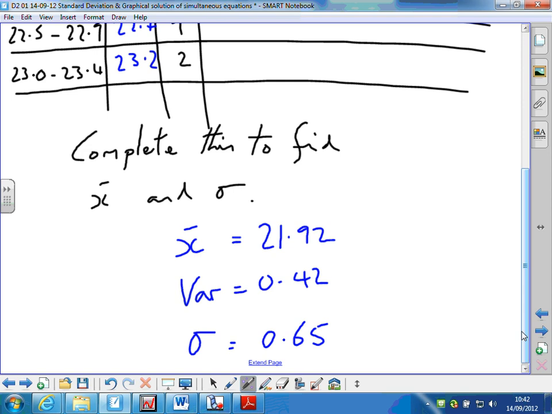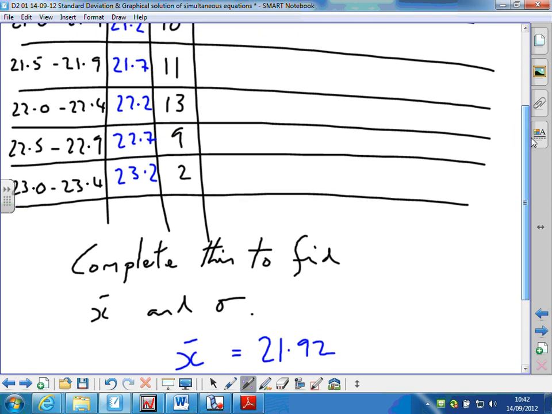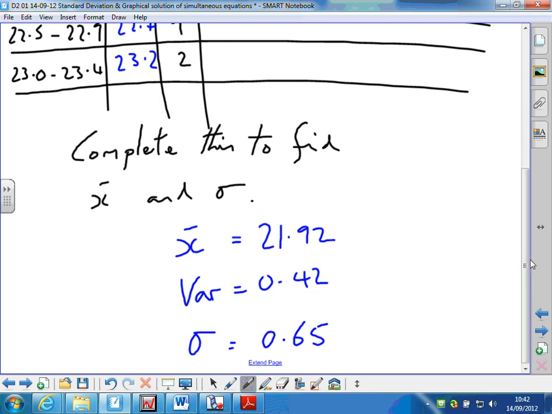But you ask yourself, 21.92: that's roughly in the middle of the data set, so that seems reasonable. And if I remember what the standard deviation is telling me, about 2/3 of the data lies within plus or minus one standard deviation.